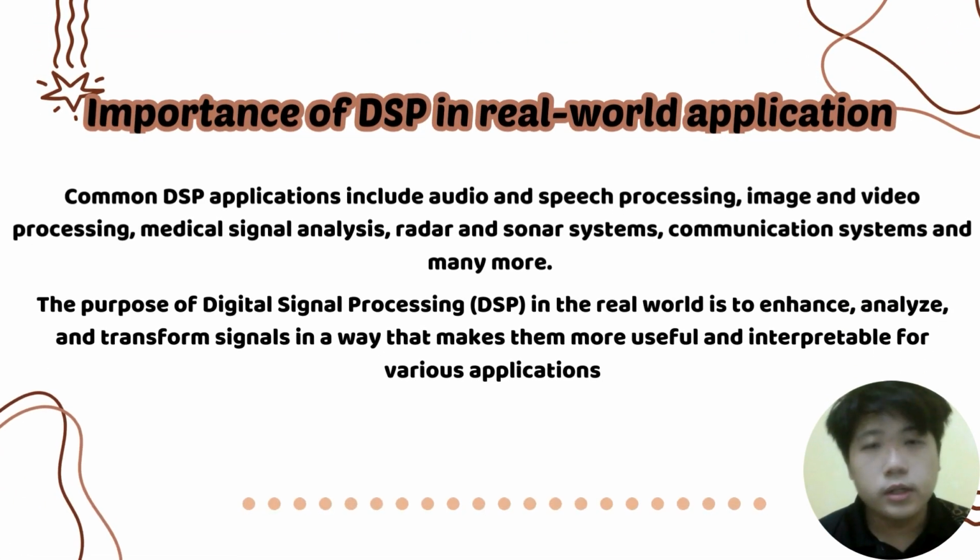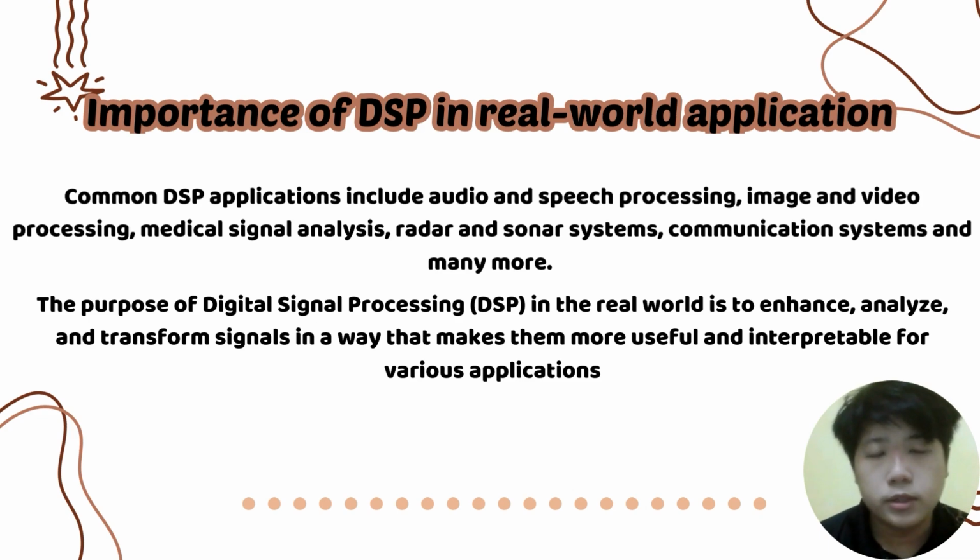So how important is DSP, digital signal processing, in our real life applications? Common DSP applications include audio and speech processing, image and video processing, medical signal analysis, radar and sonar systems, communication systems, and many more.